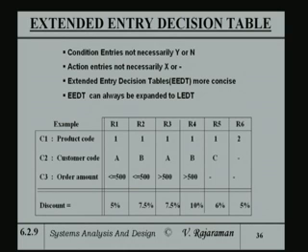They may have many conditions to be checked, and I will come to that later on in terms of what happens if the number of conditions become too large. So far we looked at tables where the condition entries are only yes or no or dash.